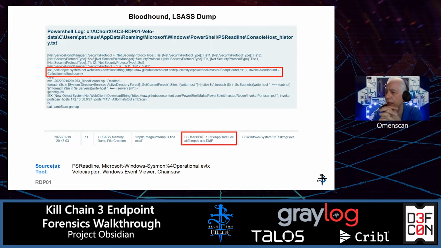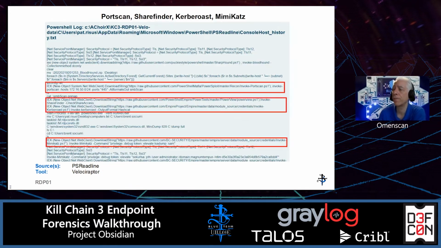We also see, just as an aside, this LSASS dump that we had talked about earlier. This is coming from running Chainsaw against the Sysmon operational event log. Chainsaw identified this activity, event ID 11, as LSASS memory dump file creation.